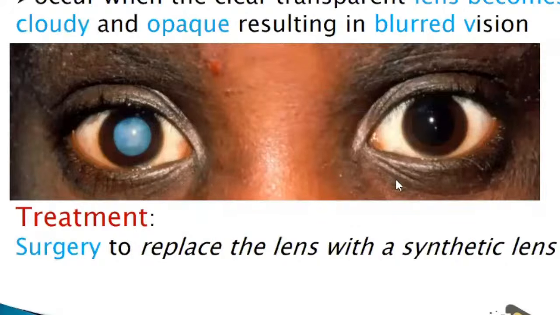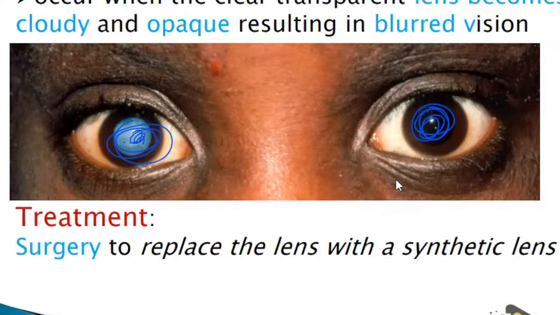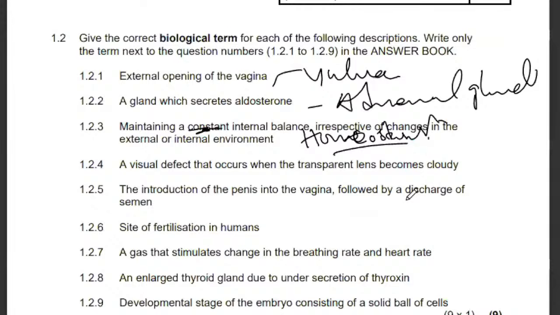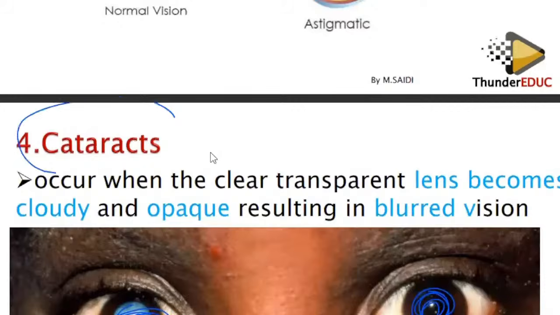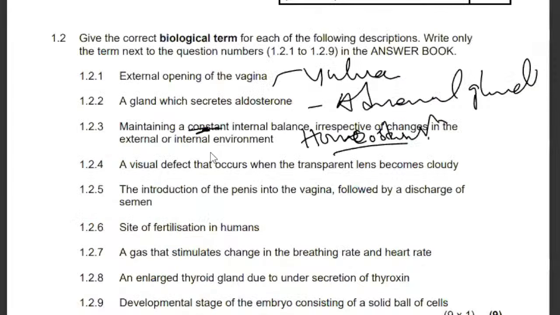The normal eye is supposed to look like this, but once it becomes cloudy, the light cannot go through. So if light cannot go through, it becomes opaque. Therefore the answer here is going to be cataracts. I know the people who use the distinction material, yeah, you got distinctions.